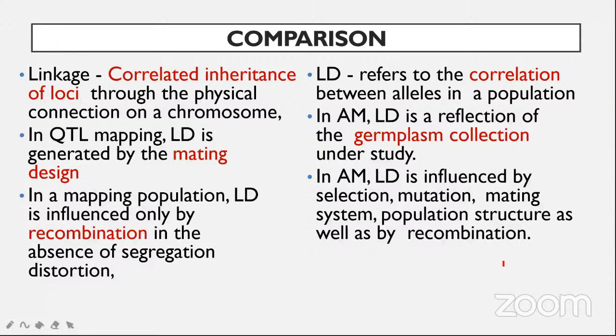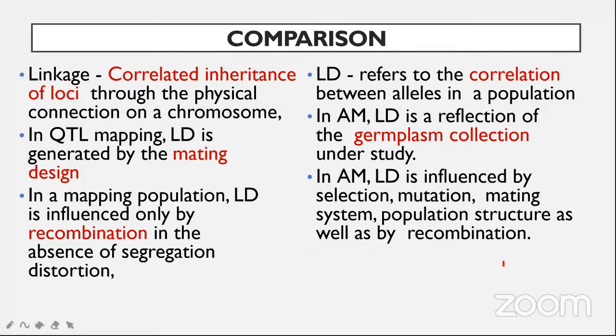As a comparison, linkage is correlated inheritance of loci through physical connection on a chromosome. Both the markers, or the QTL or the gene, should be on the same chromosome within a certain distance. Whereas LD refers to correlation between alleles in a population, and it's non-random. They could be distant apart on the same chromosome or even on different chromosomes.